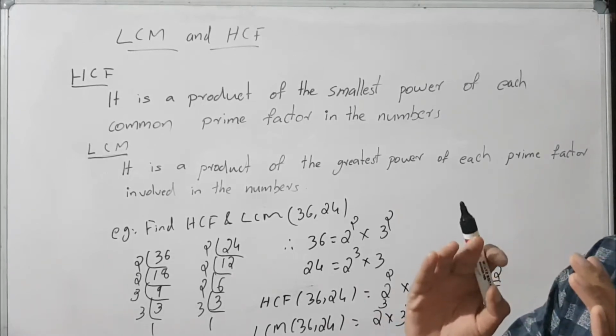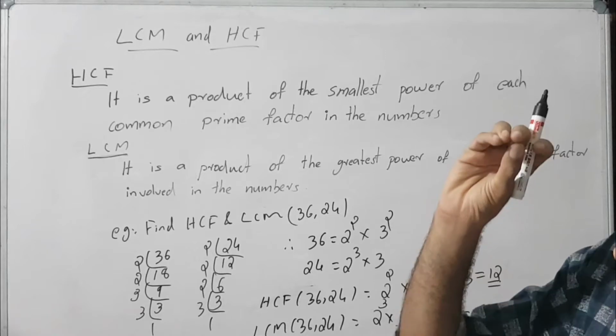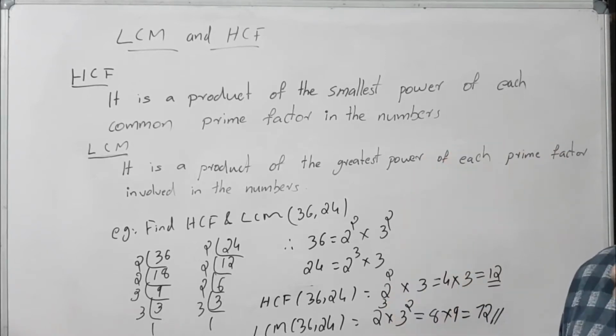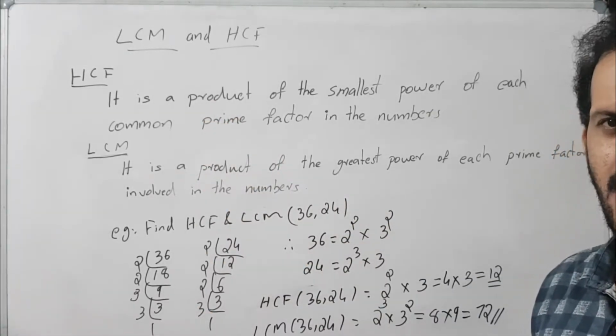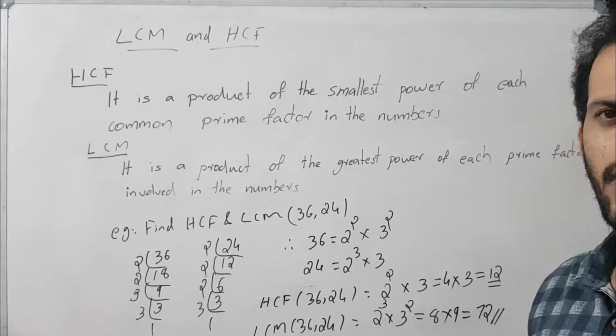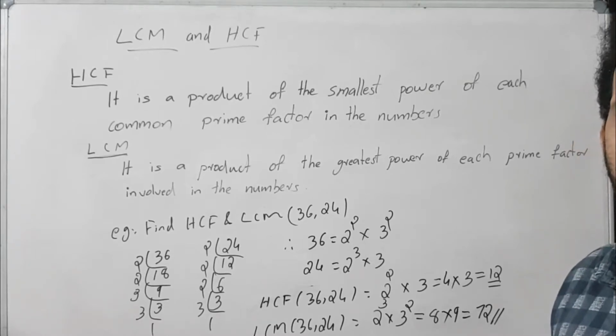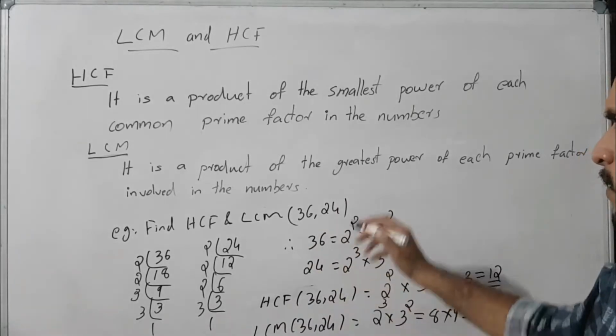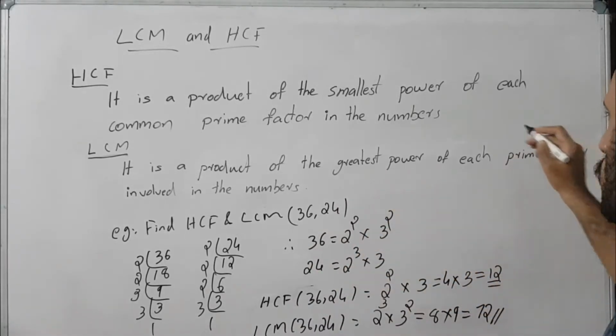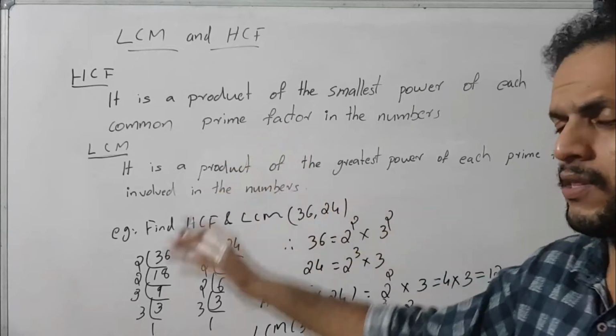The smallest power of each common prime factor in the numbers. What is LCM? It is the product of the greatest power of prime numbers occurring in the prime factorization. Correct? The greatest power of each prime factor involved in the numbers.